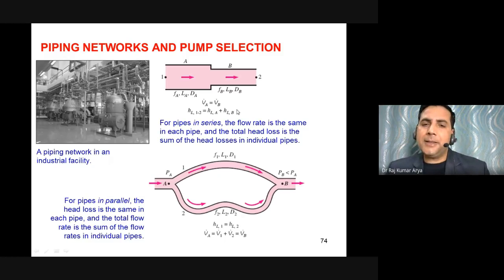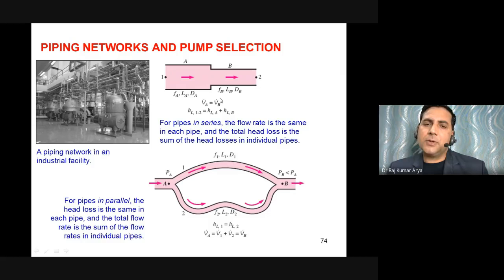The same thing happens here as far as the current is concerned. Whatever current you insert at point 1, the same current will reach point 2, right? That is the connectivity property of the series combination, correct? So the same current will go to point 2. In case of the pipeline, the current is your volumetric flow rate or the mass flow rate.